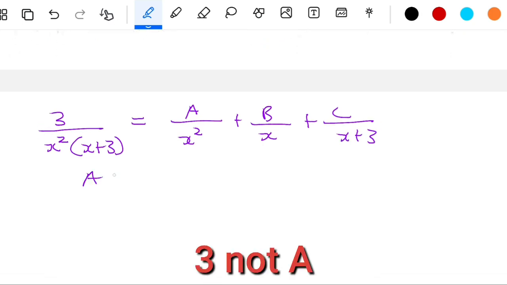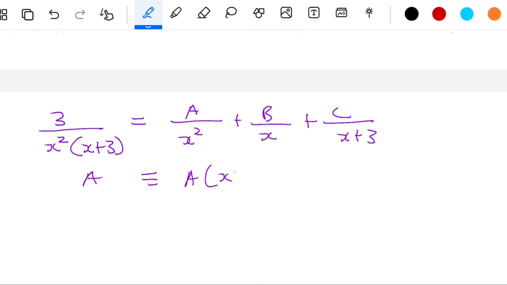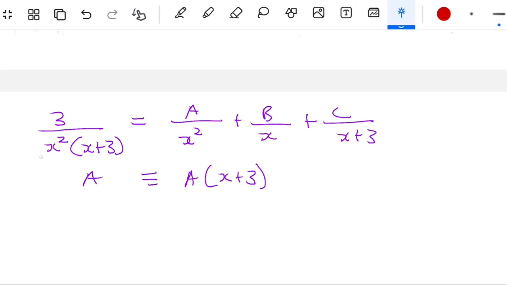Okay, then this is identical to a multiplied by (x plus 3). The reason we come up with this is because our common denominator is this one. So if you say this one into this one, it's going to cancel this one, and you are remaining with this. That's why it's multiplying a.